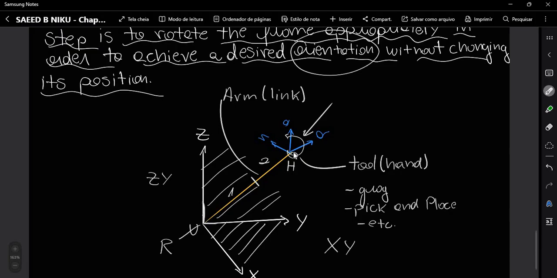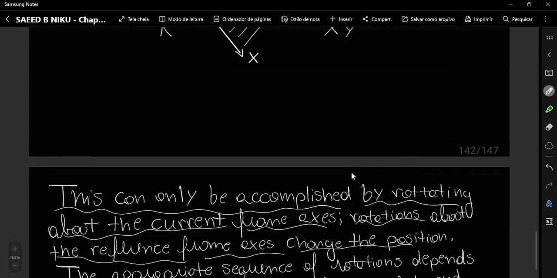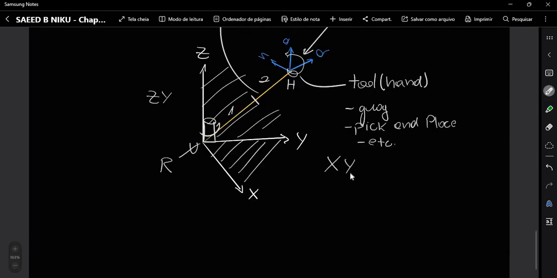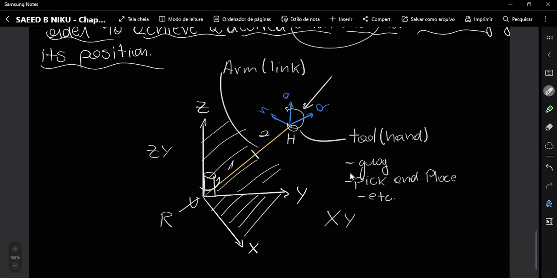And this link right here, let's change for a cylinder, and now we can do other types of transformations, but we don't want it to change right here the position of the effector. We just want to change its orientation.